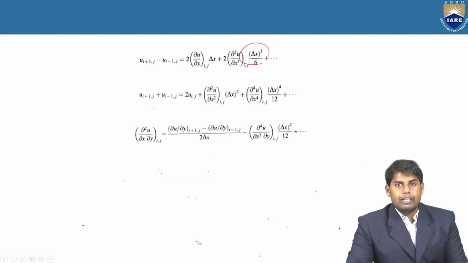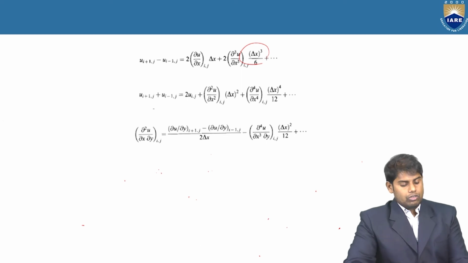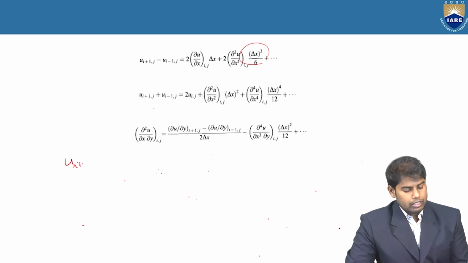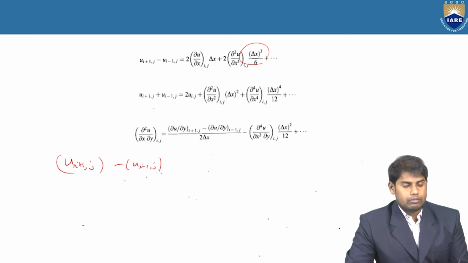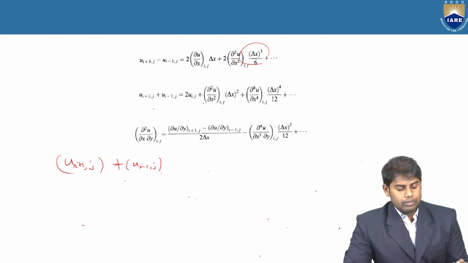Previously we saw the central difference: u(i+1,j) minus u(i−1,j), which we used to get the central difference for the first order. If we add these two, then we will get the second order derivative terms.